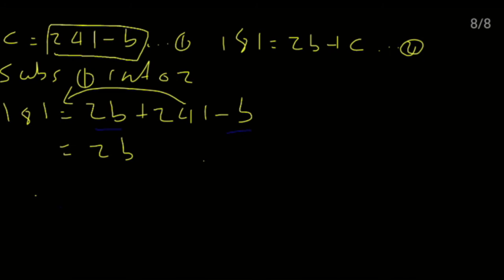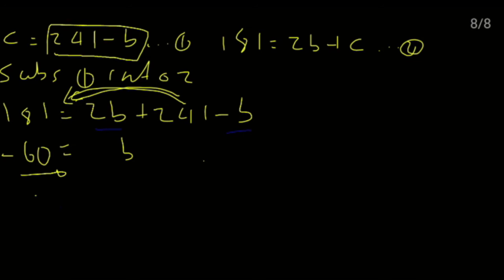If I take the 241 to the other side, we will have 181 minus 241, which is minus 60. That's what we get for b.